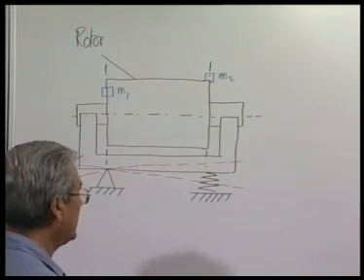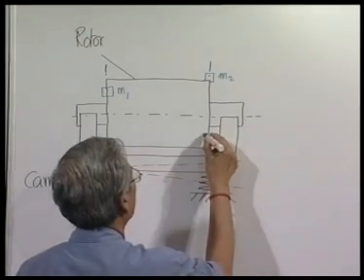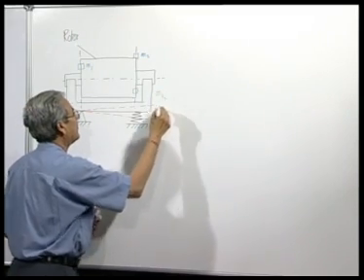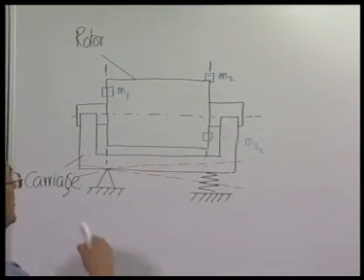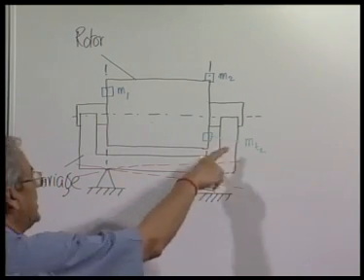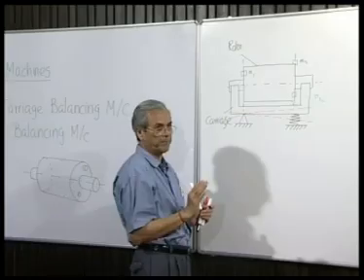So, what is done is that we then attach one trial mass on plane 2 and rotate its location gradually until the amplitude of oscillation at a particular speed becomes minimum.